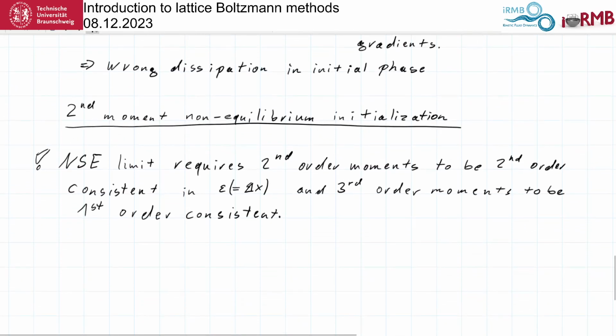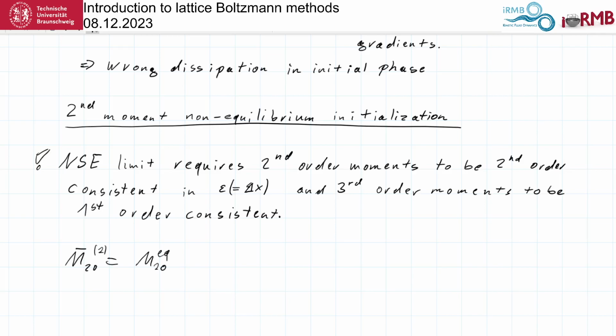So what does second order consistency mean? Looking at the asymptotic analysis that we had last time, and we know that M200, we need this to second order.